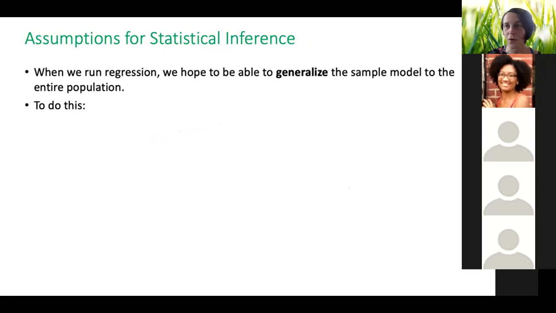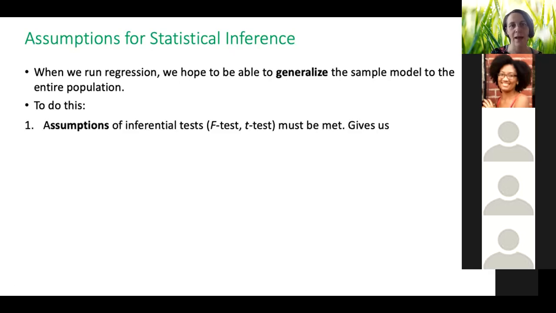As always, when we estimate our regression model, whether a simple linear regression analysis or multiple regression, we hope to be able to generalize the model that we estimated for our sample to the entire population. That is, in most cases, our hope, with very few exceptions. In order to do so, we have to meet the assumptions of our inferential tests. As you remember, to test the regression model as a whole, we use an F-test.